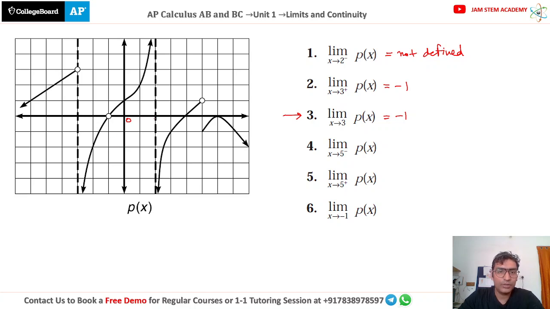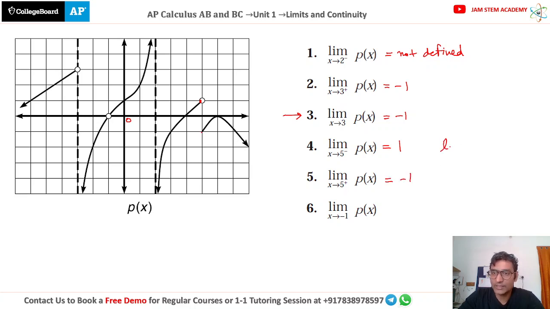So 1, 2, 3, 4, 5. Slightly less than 5 means this point, and at this point you can see the value is tending towards positive 1. 5 plus, what is that? Over here, the value is tending towards negative 1.